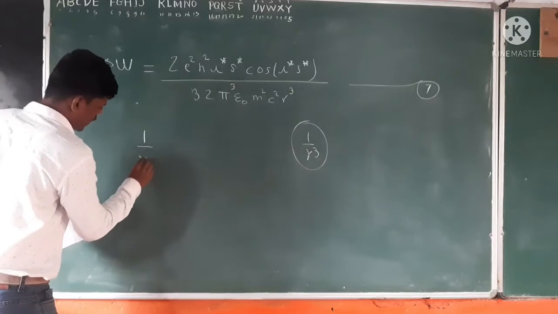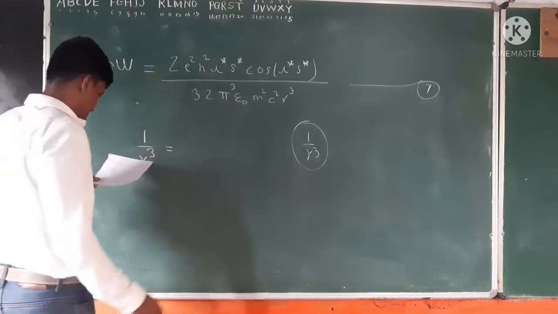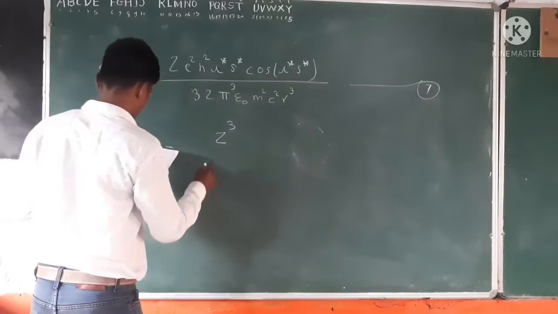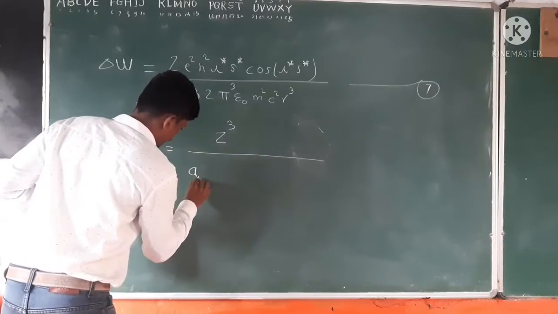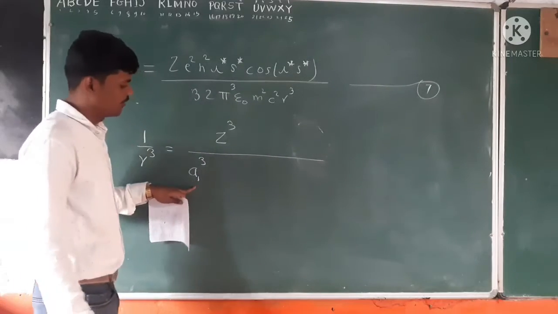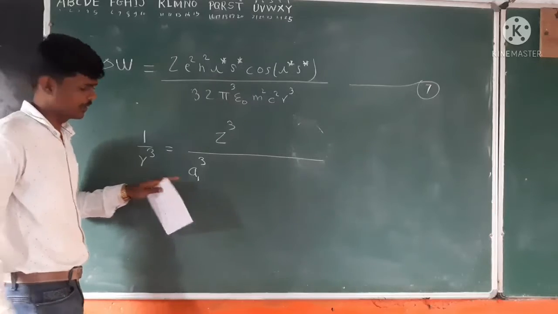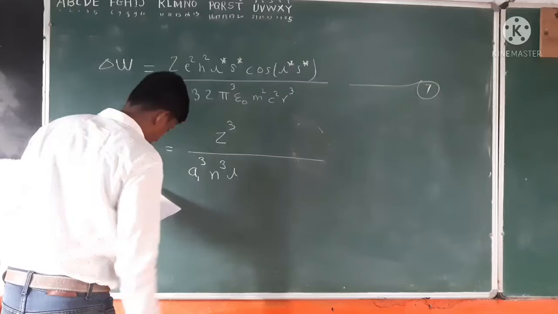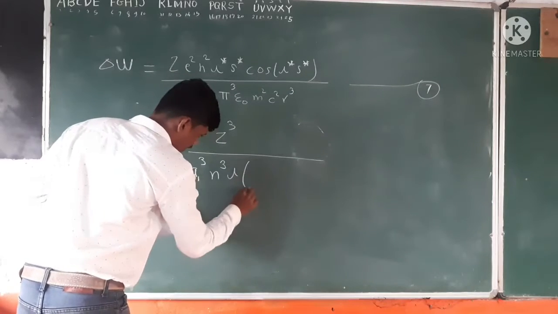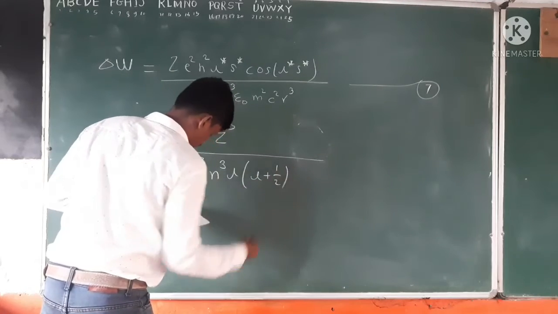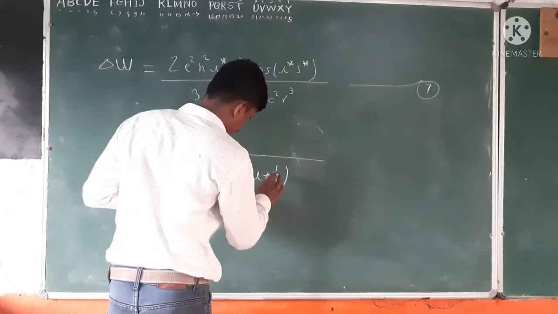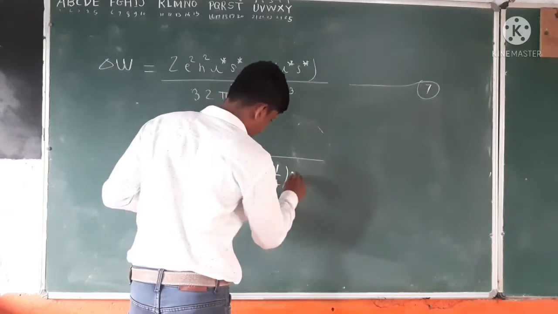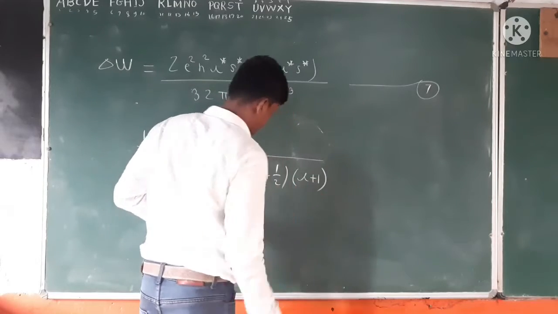According to this, we have the value of 1 by R cubed as Z cubed by a1 cubed, where a1 is the first Bohr radius, then n cubed, l, then l plus half, and l plus 1.